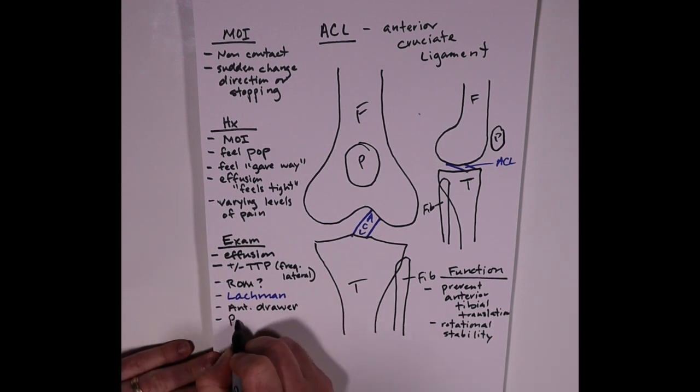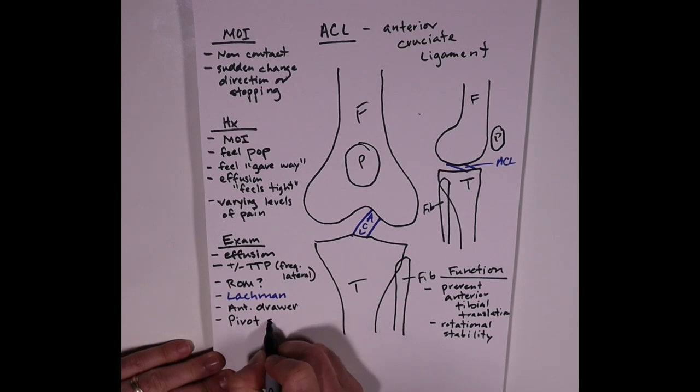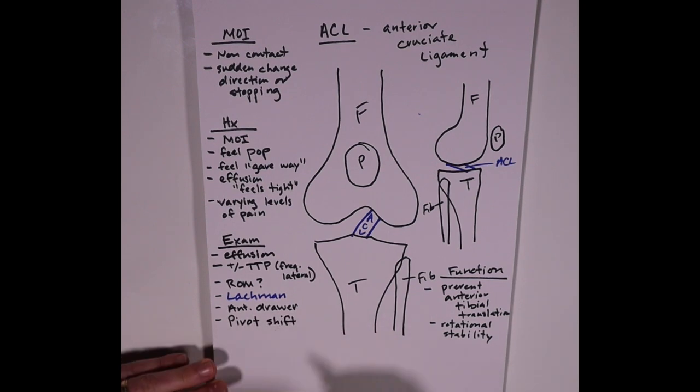And then finally you have the pivot shift, which is quite sensitive, but it is much more technically difficult to perform. The patient has to be perfectly relaxed, and it requires a bit of skill on the evaluator standpoint.